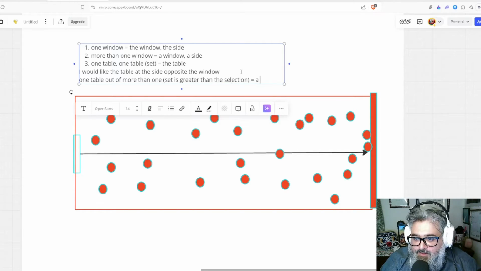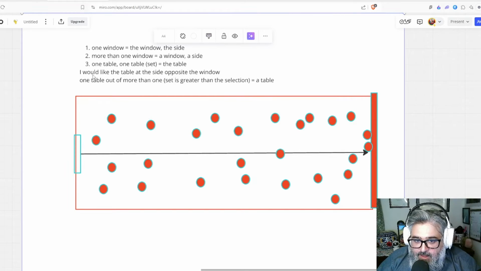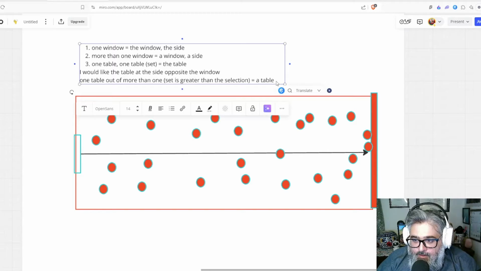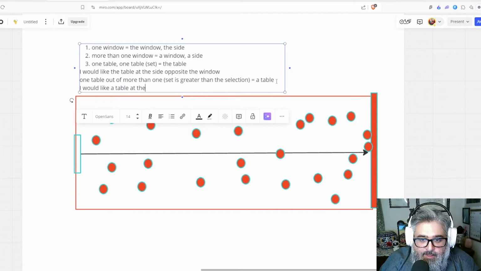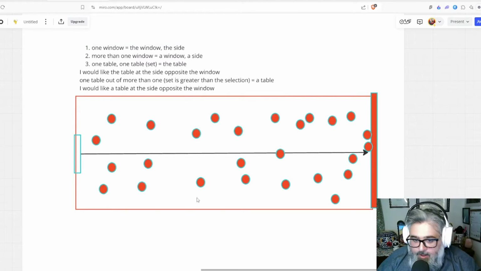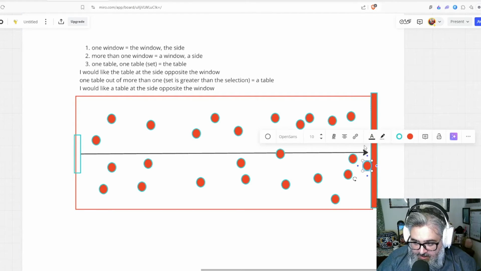In that case, he's going to say a table. That's it. He's going to say, I would like, I'll write it down. I would like a table at the side opposite the window. So we're talking about one window, one side, but there are more than one tables. He just wants any of these.